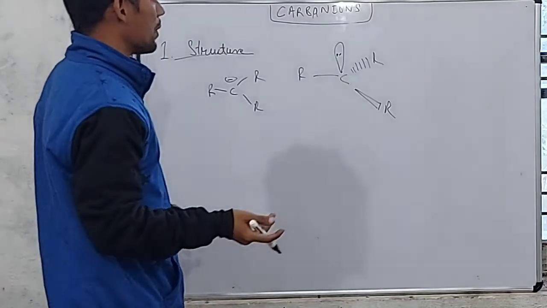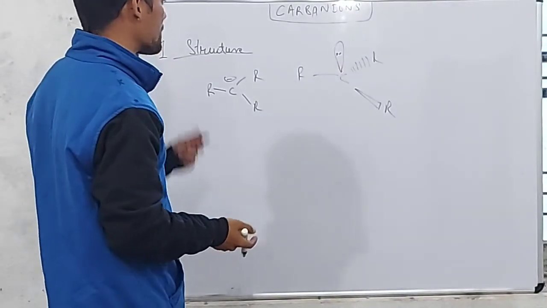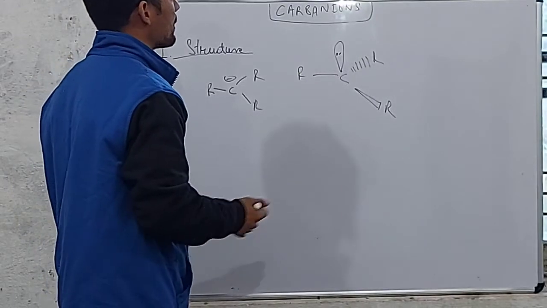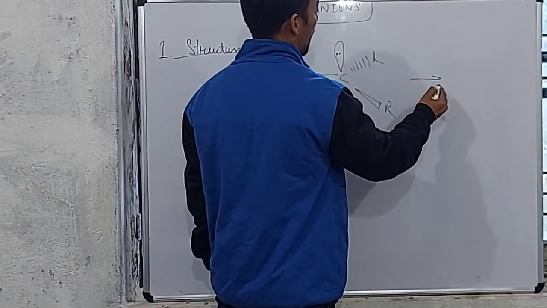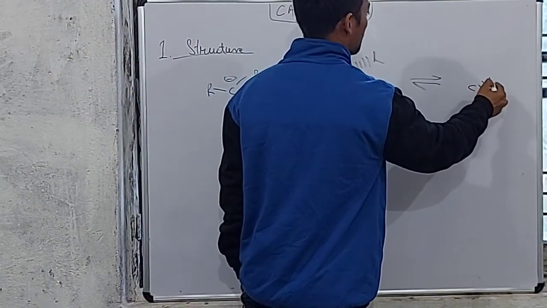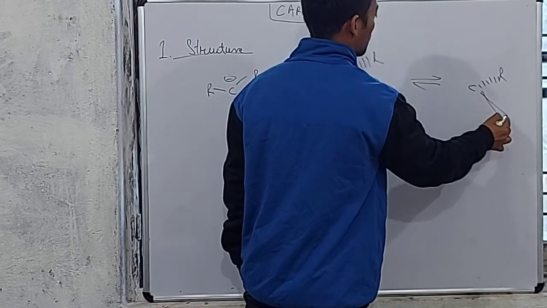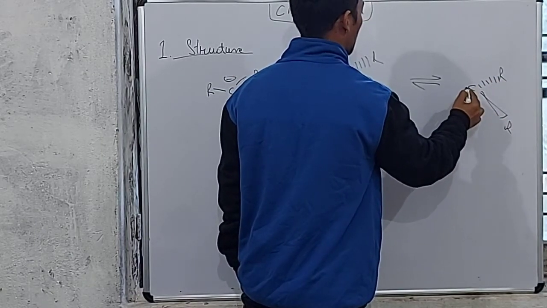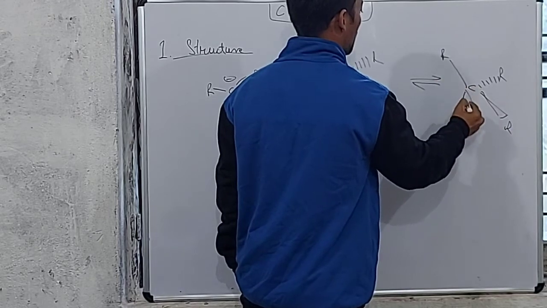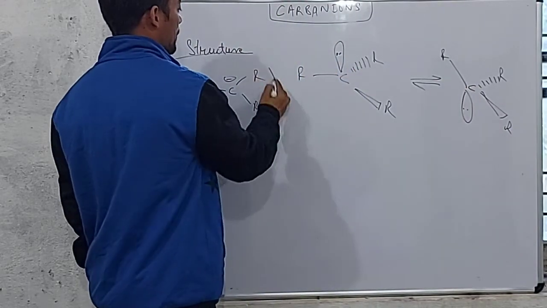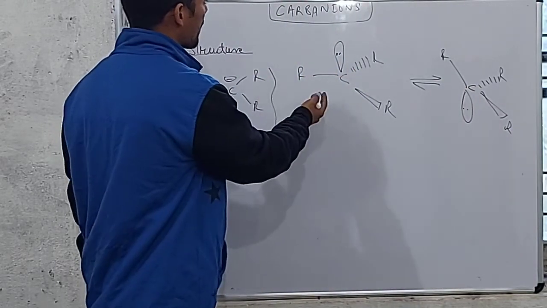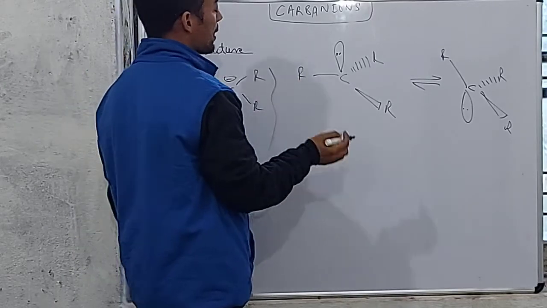When there is interconversion between two carbanions, it will look like this. So the geometry for this carbanion is pyramidal.